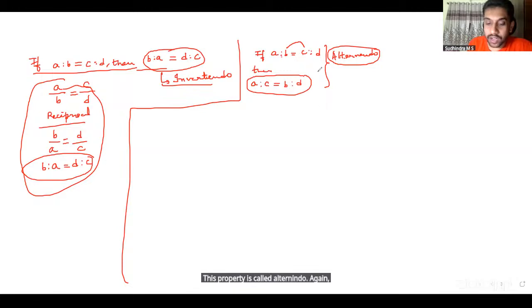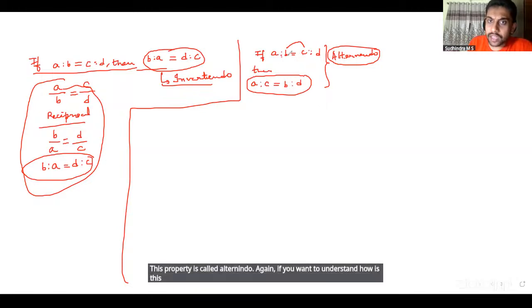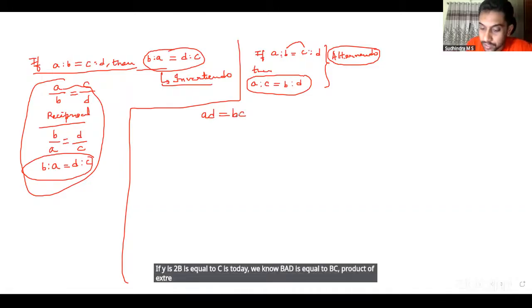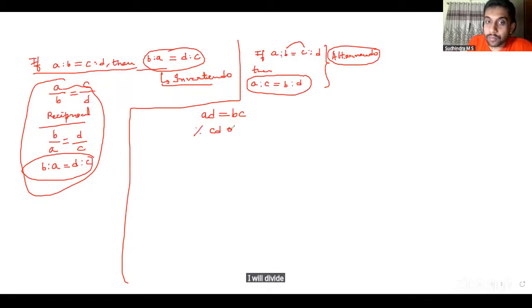Again, if you want to understand how this is possible, if A is to B is equal to C is to D, we know AD is equal to BC. Product of extremes is equal to product of means. I will divide by CD on both sides. AD by CD equals BC by CD.